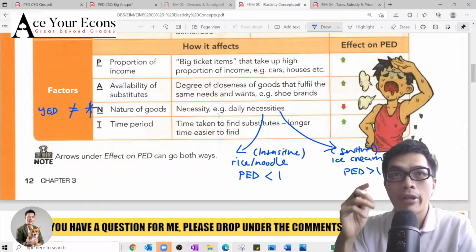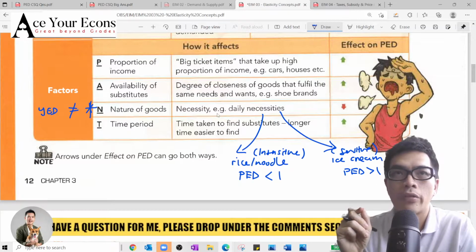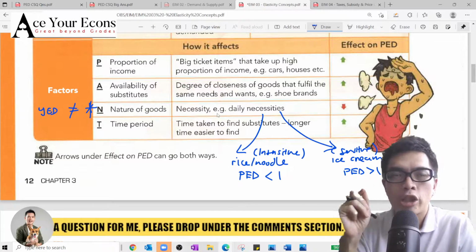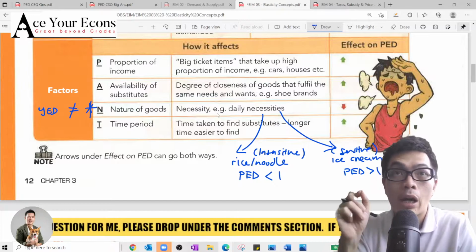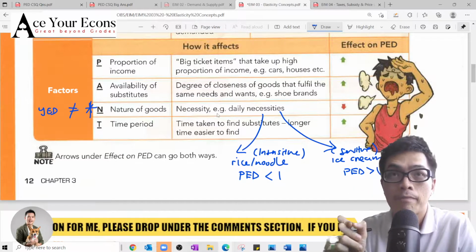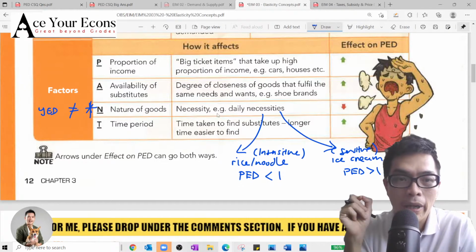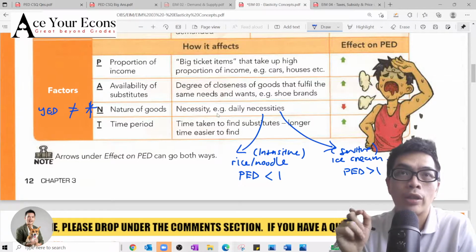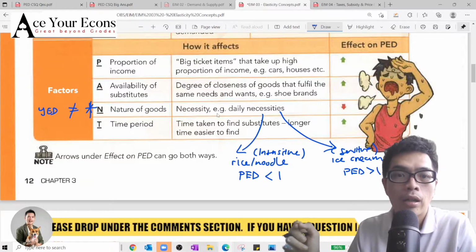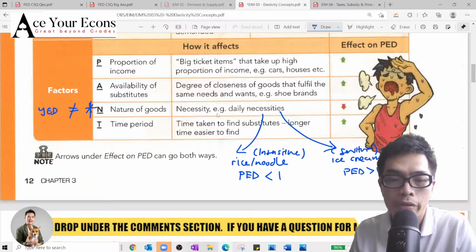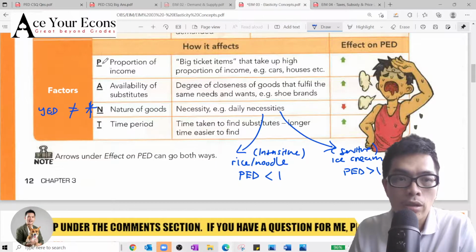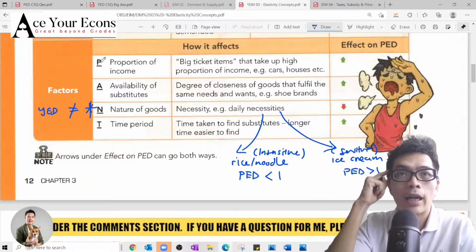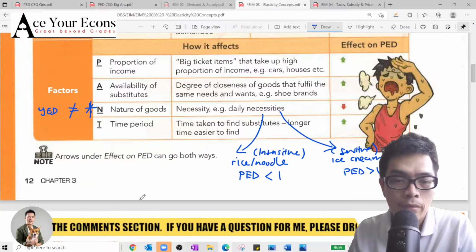With YED, we are looking at the responsiveness of your demand to changes in its own income. Down here we are looking at price, not income. So make sure you're able to differentiate the two. I'll touch on this again next Saturday. Down here we are strictly looking at price. Clear? Make sure this sinks into your head. Later on it will be tested. Clear, everyone?